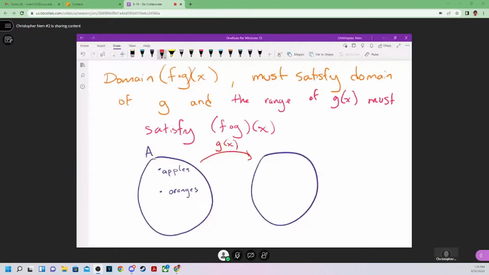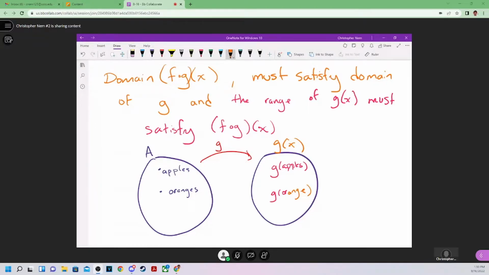We're going to take an apple or an orange or whatever. This function is going to map fruits all the way into some space, g of apples, and then g of orange. This space is called the g of x. This is your range. These are your output values. So if I take the input fruits, the output values are over here. This is what a function is.